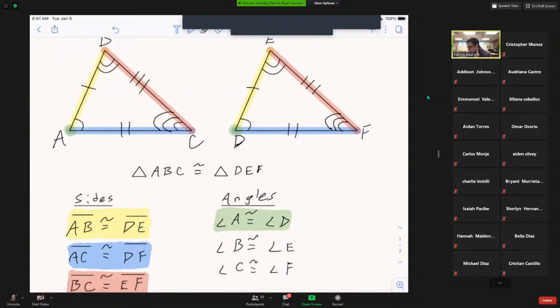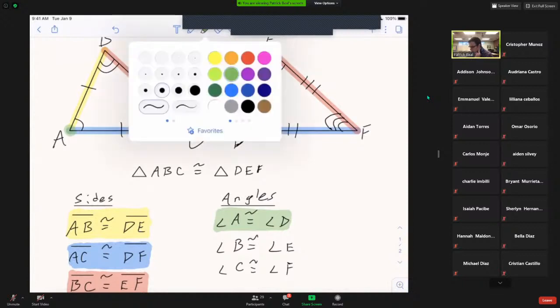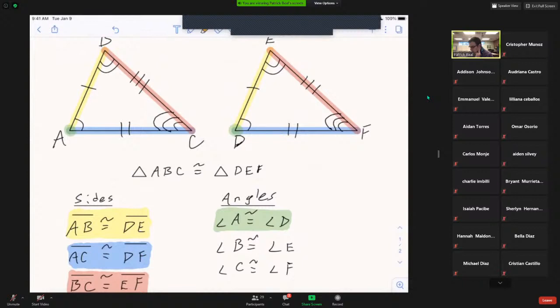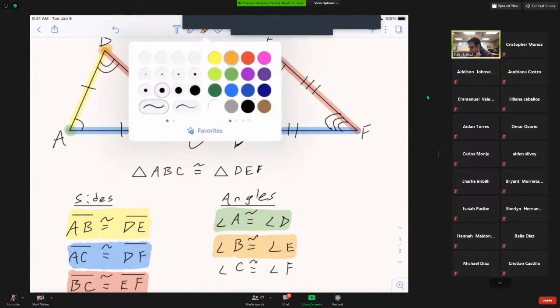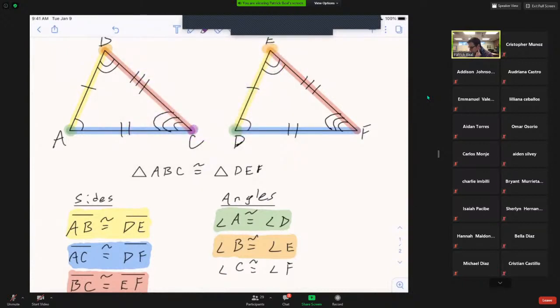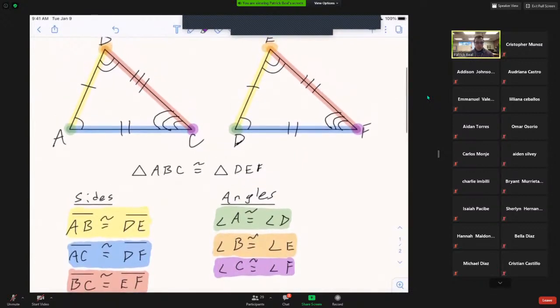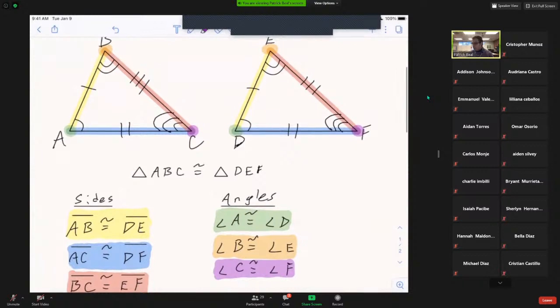And then we've got an orange up here, and then purple, C and F. There we go. All right, so that gives us all three sides and all 3 angles that are congruent because the triangles are congruent.